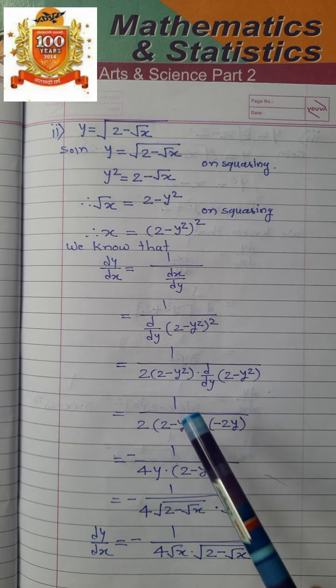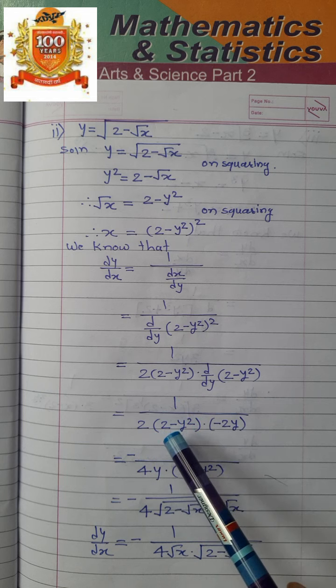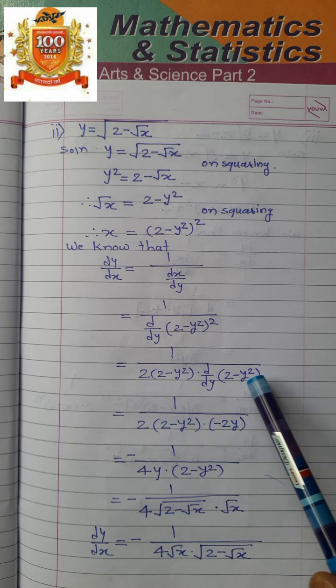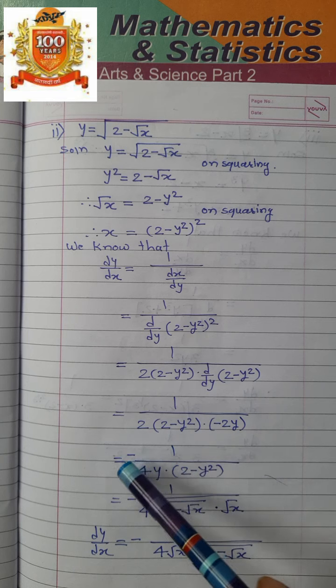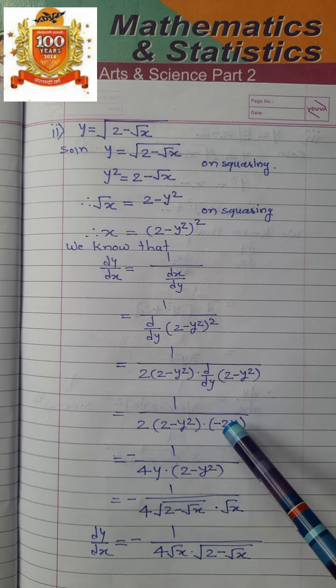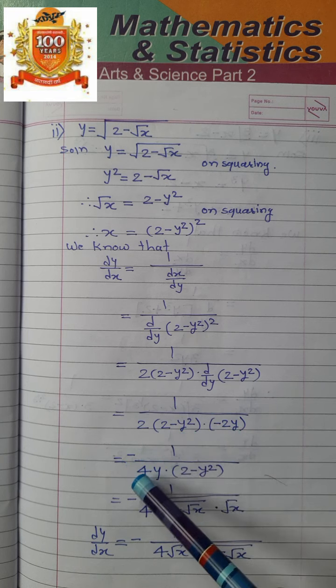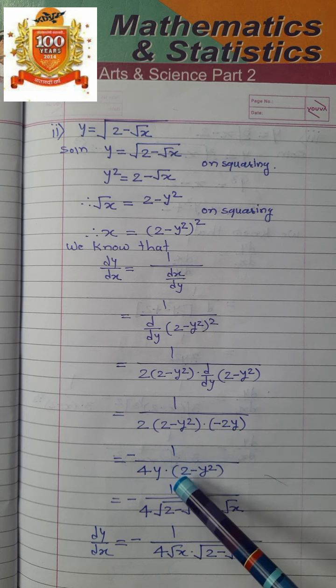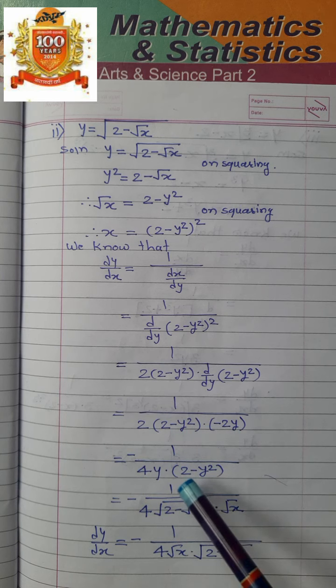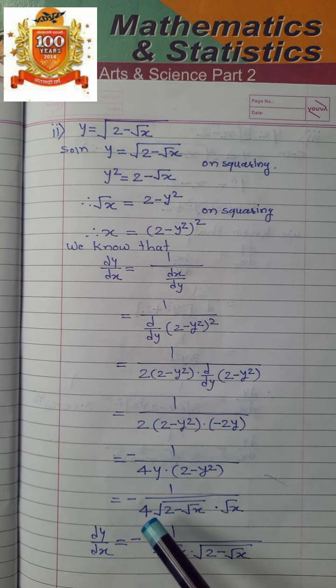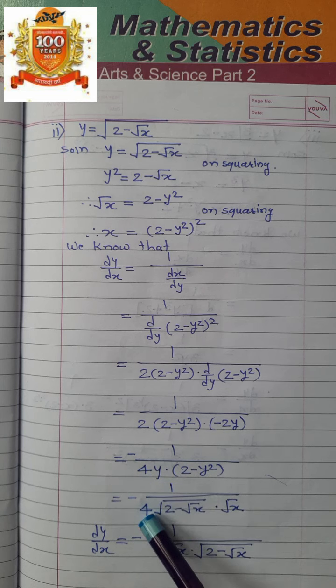That is 1 upon 2 in bracket 2 minus y square, into, now the derivative of 2 is 0, the derivative of minus y square is minus 2y. Thus we get minus 1 upon 2 into 2 into y, that is 4y, in bracket 2 minus y square as it is. Now put the values. Minus 1 upon 4 as it is.